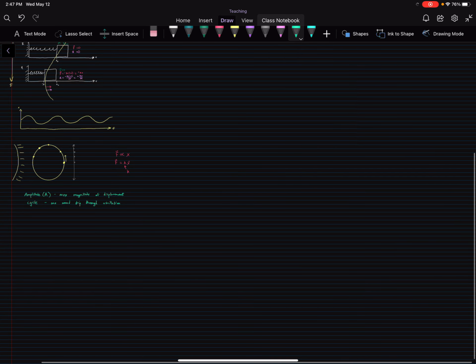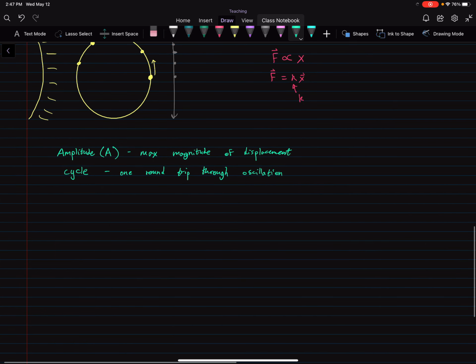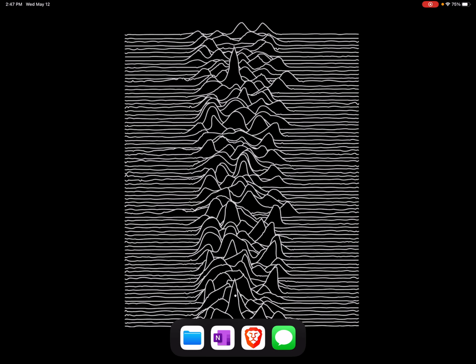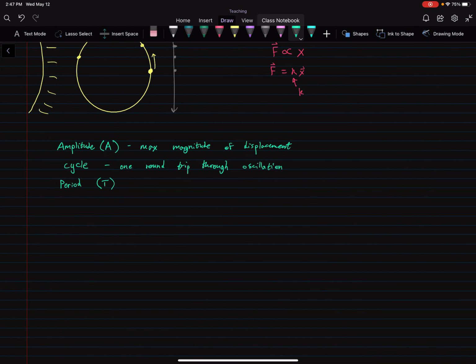We'll talk about period, which is usually denoted by the letter T for some reason. And that's the time it takes to complete one cycle. So maybe T is supposed to stand for time. So time per cycle.